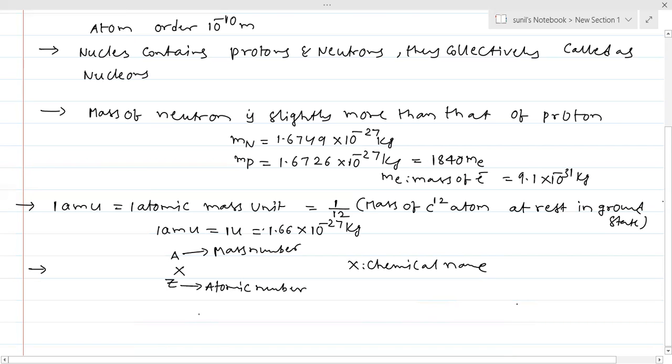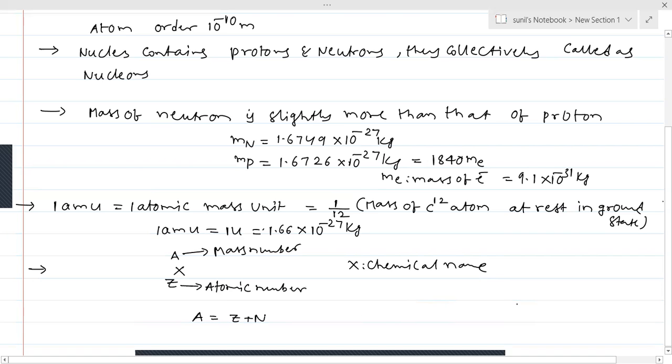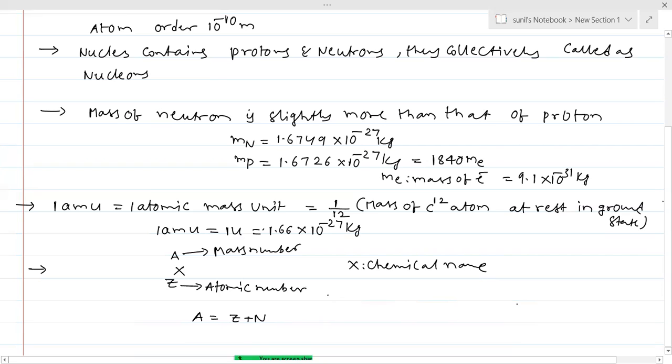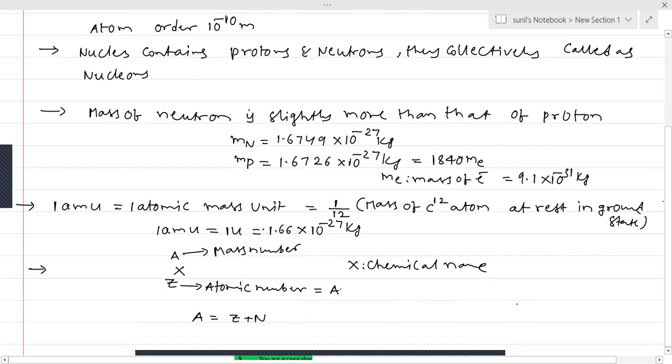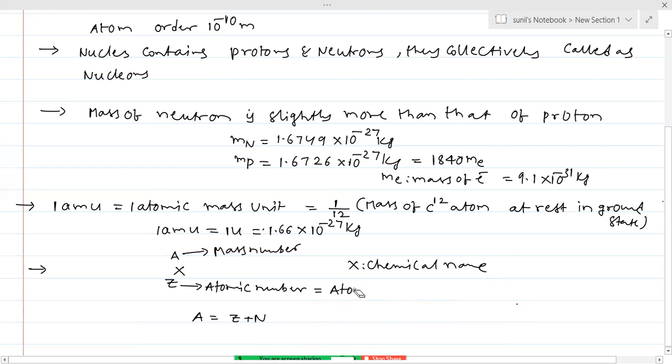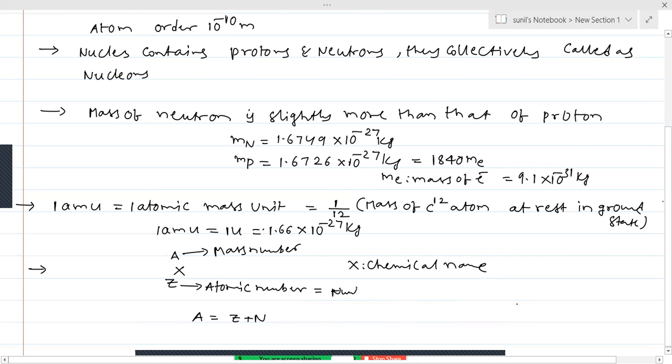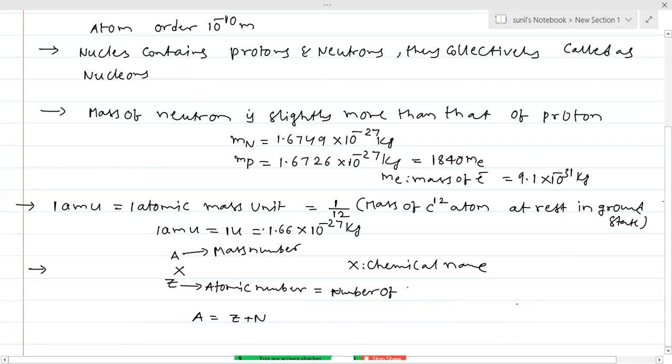And we know that A equals Z plus N. Here Z is the number of protons.